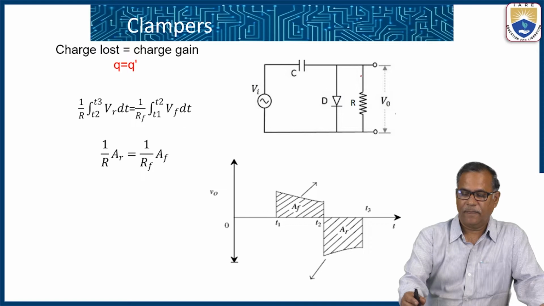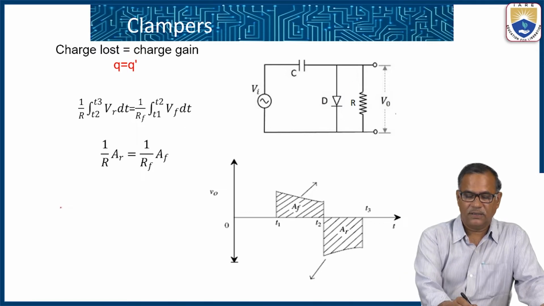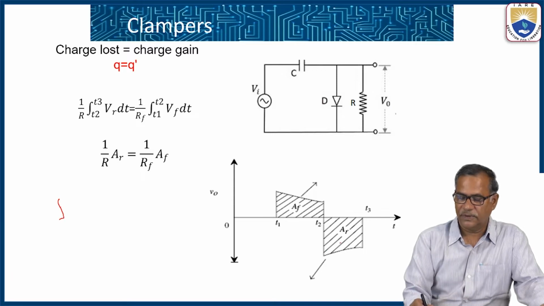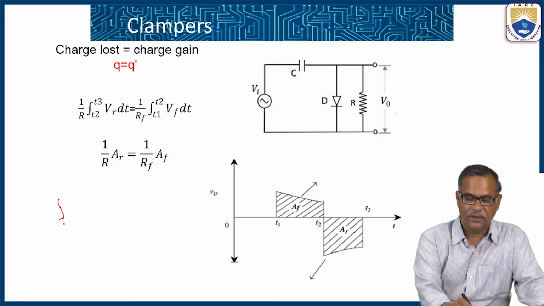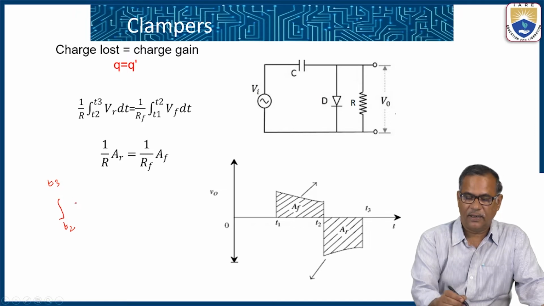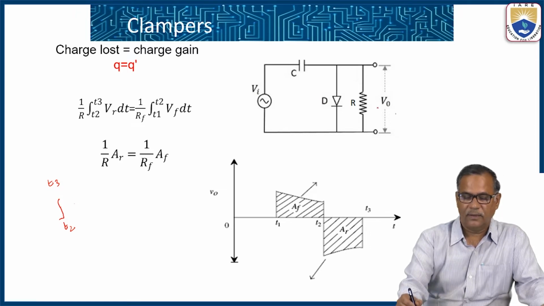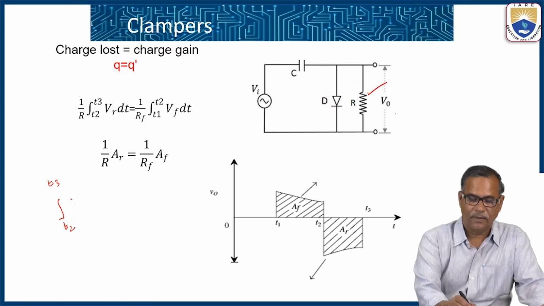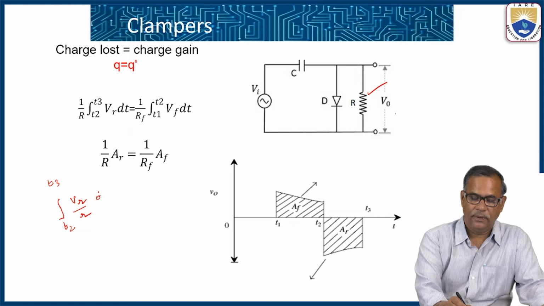During T2 to T3, the charge is lost, and that is equal to the integral of the current, and the current is given by VR divided by R. So R is this resistance. So VR by R into dt.